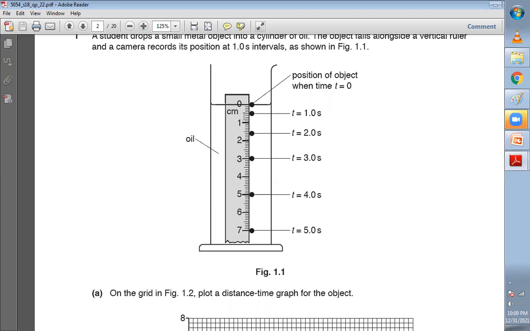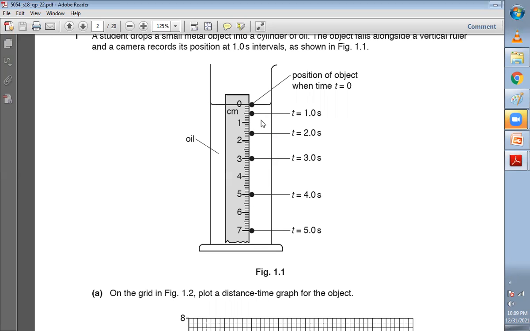At 1 second, the position was 0.5 centimeter. At 2 seconds, the position was 1.6 centimeter. At 3 seconds, the position is 3 centimeter. And at 4 seconds, the position is 5 centimeter. And at the 5th second, the position is 7 centimeter.